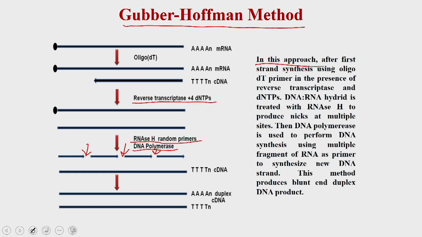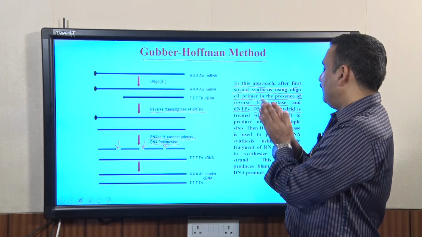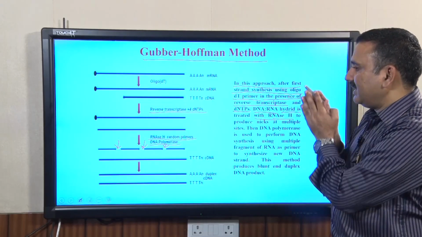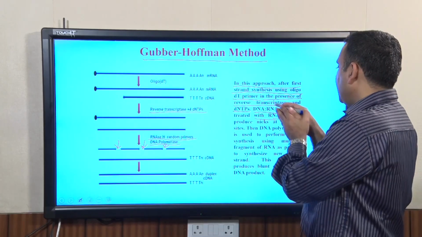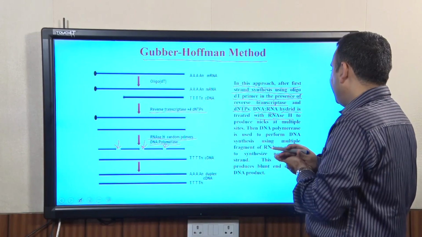In this approach, after first strand synthesis using the oligo dT primers in the presence of reverse transcriptase and dNTPs, the DNA-RNA hybrid is treated with RNase H. RNase H is a very specific RNase which detects and degrades the RNA when it is present along with the DNA.